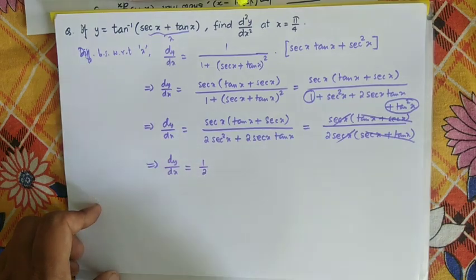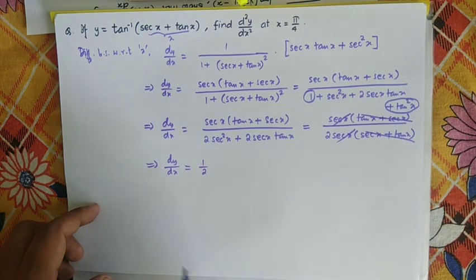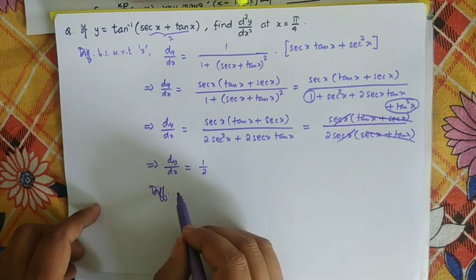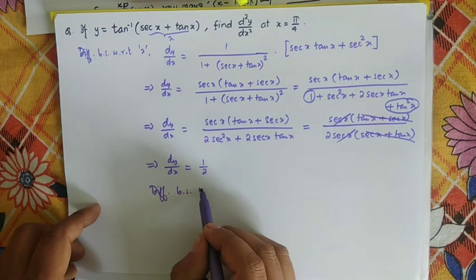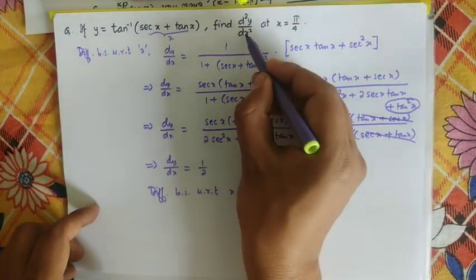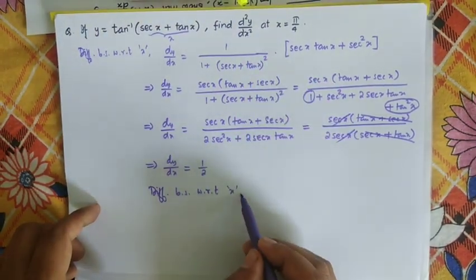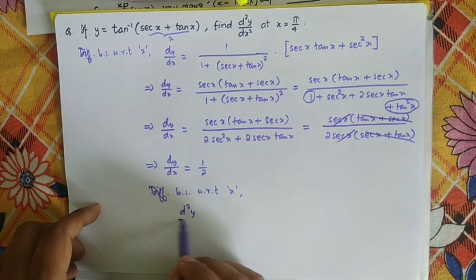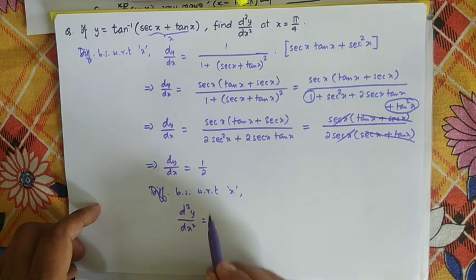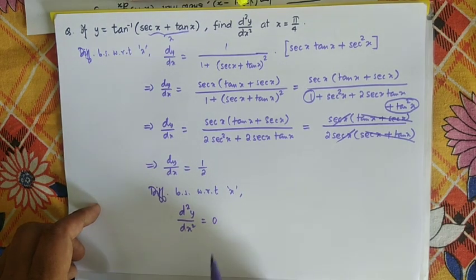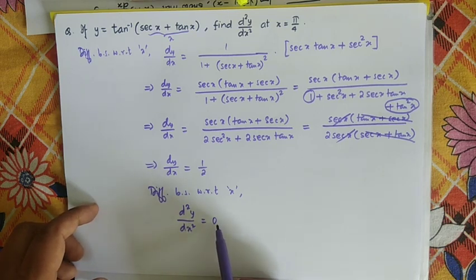It is just half. Now we need to find the second order derivative, so I'll differentiate it again, differentiating both sides with respect to x, because d square by dx square is there. On the left hand side we get d square y by dx square, and the differentiation of half is going to be 0. So I found my d square y by dx square to be 0.